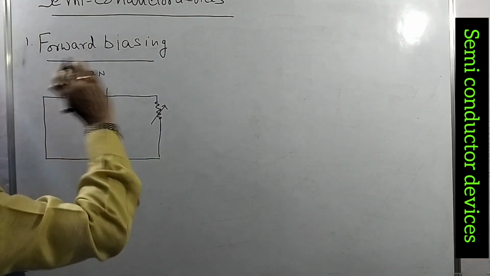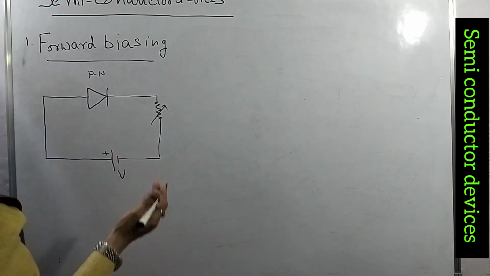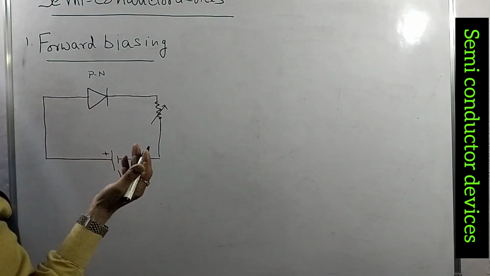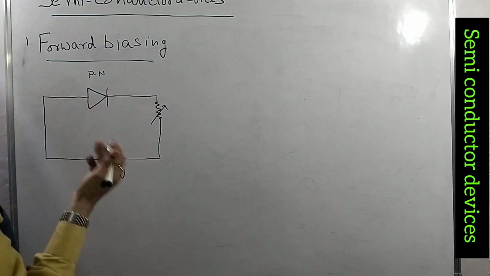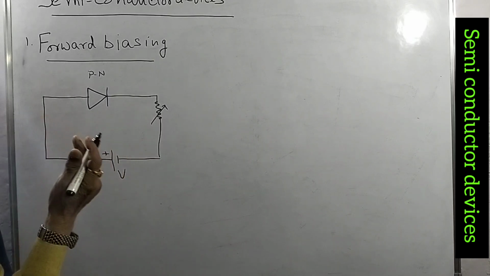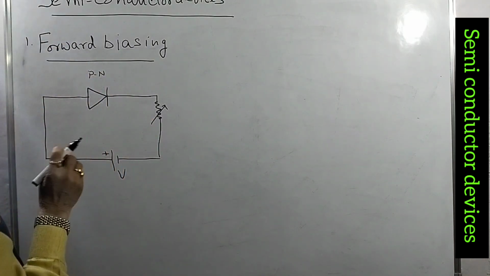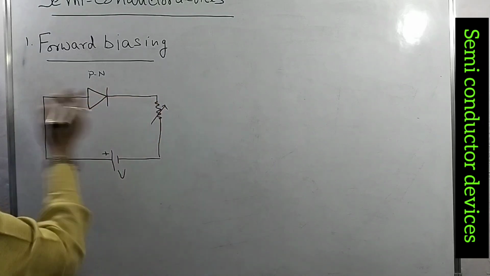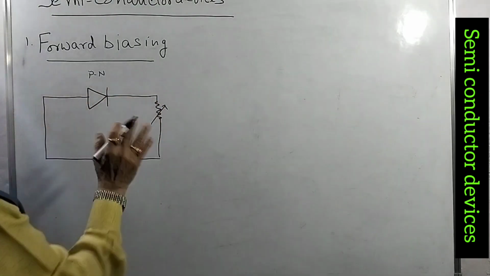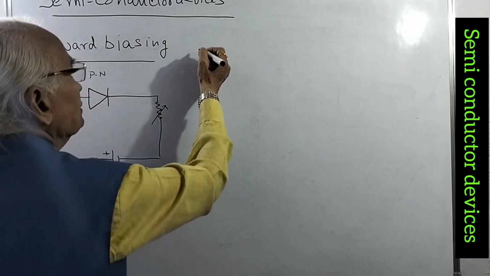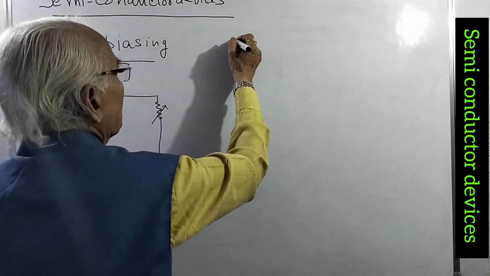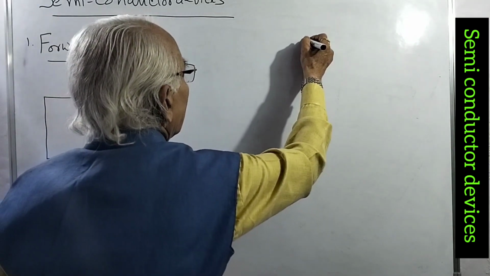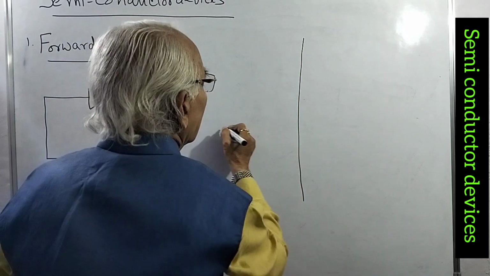Holes are diffusing in the direction opposite to the electrons. Actually, hole is a theoretical concept, not a physical entity. It is just a vacancy of the electron. Electron fills that vacancy and moves to the opposite side of the hole. So current flows.